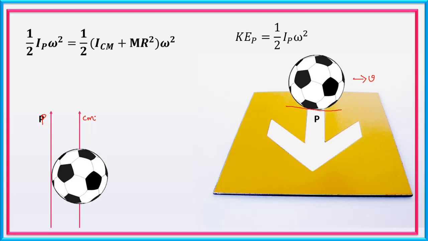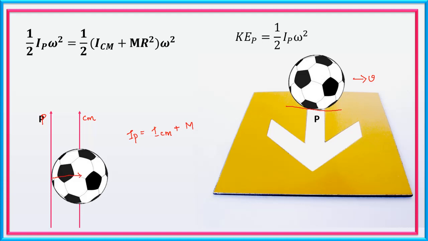we can write that the moment of inertia about P, that is IP, is equal to the moment of inertia about the center of mass plus the mass of the body into the distance between these axes squared.